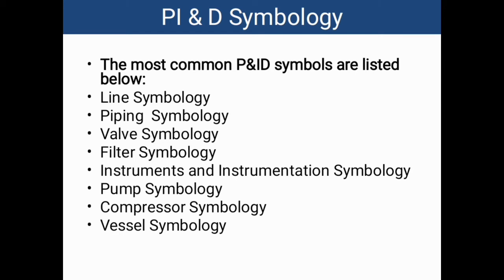Valve symbology, whether it is a gate valve, globe valve, ball valve, pneumatic valve, or solenoid valve. Filter symbology, what's the type of filter? Instruments and instrumentation symbology. Pump symbology, compressor symbology, vessel symbology. So all the symbols you have to remember.